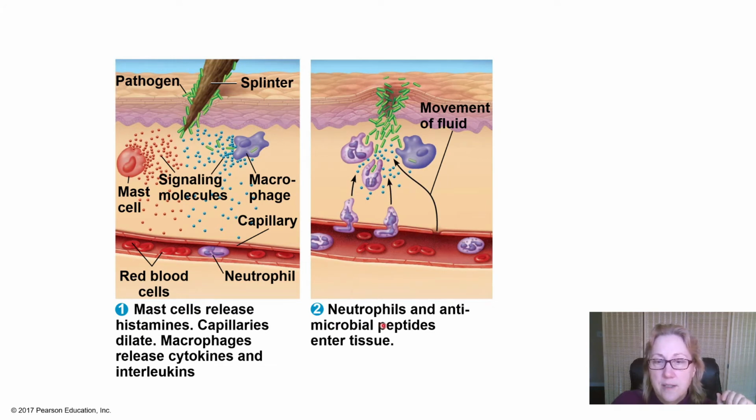It causes capillaries to swell and become leaky. That's the redness that you see. So we have an increase of blood flow to the area, which is exactly what you want to counter the invasion here. So we have bacteria that are now in the lower tissues of the skin, and the capillary is now swelling up because of histamine and the cytokines.